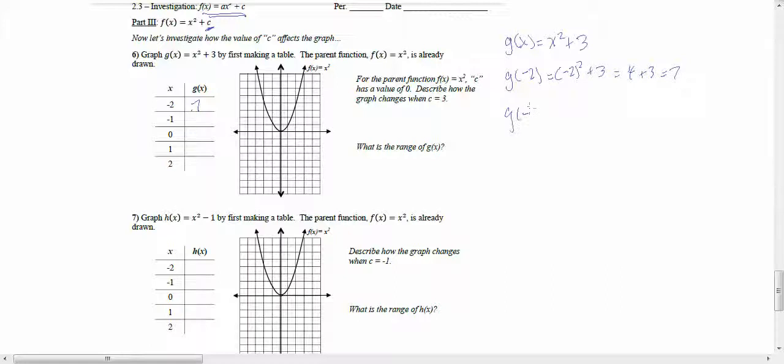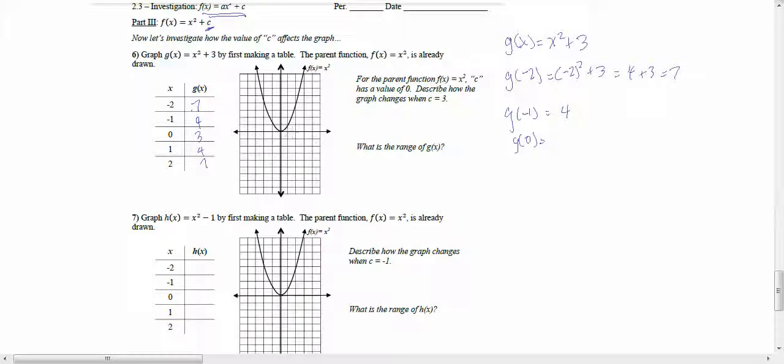G of negative 1 would be negative 1 squared, which is 1, plus 3, which is 4. G of 0 would be 0 squared, which is 0, but then you add 3, so that would be 3. And then this would be 4 and 7.